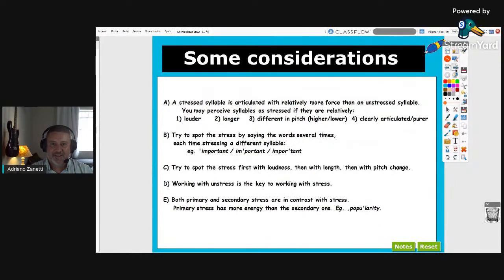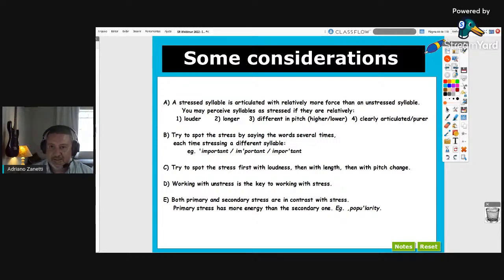Now, at what level, the segmental level, we tend to have some serious problems with word stress. For example, words like hotel in Portuguese, which is hotel in English. The word stress is quite similar, but we tend to say it differently in English.